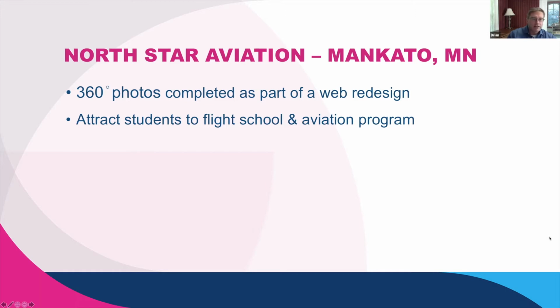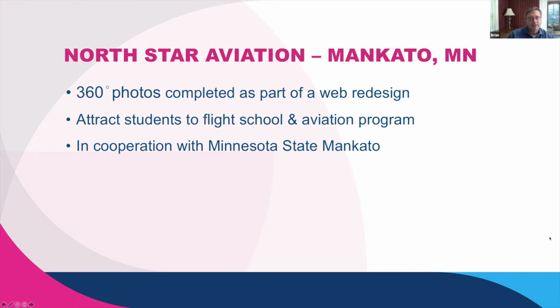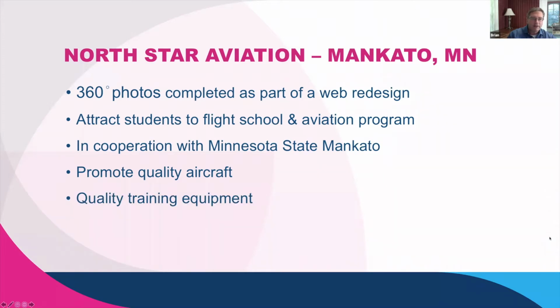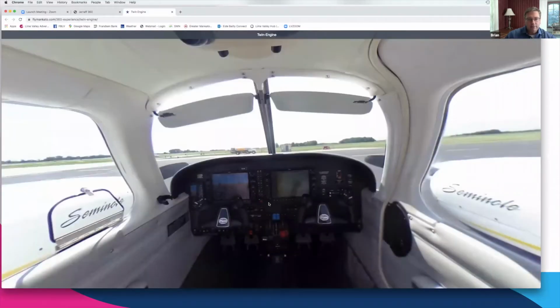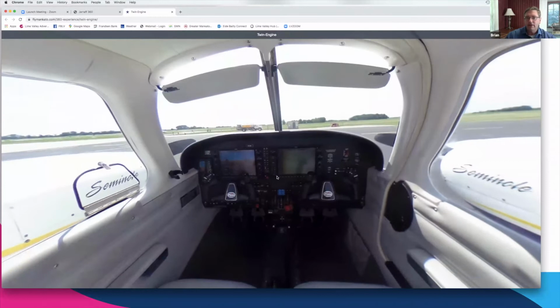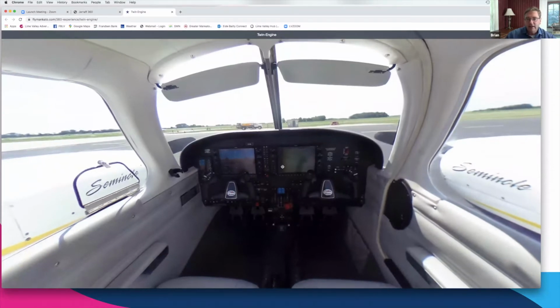Certainly the attraction of students to their flight school and aviation program at Minnesota State Mankato to promote the quality of aircraft that they're using and the quality of the training equipment that they have. So we used 360 photography to take that user on their website inside that plane.